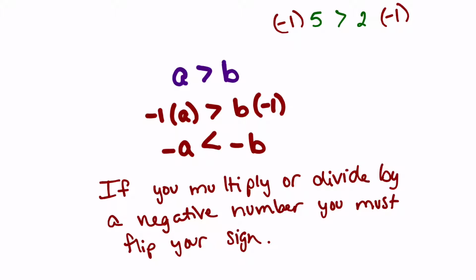So when I multiply 5 times -1, I get -5. When I multiply 2 by -1, I get -2. Now which number is greater? -2 is greater than -5. So notice I flipped my sign. Anytime you multiply or divide by a negative number, you must flip your sign. That's really the hardest thing for people to understand about inequalities.